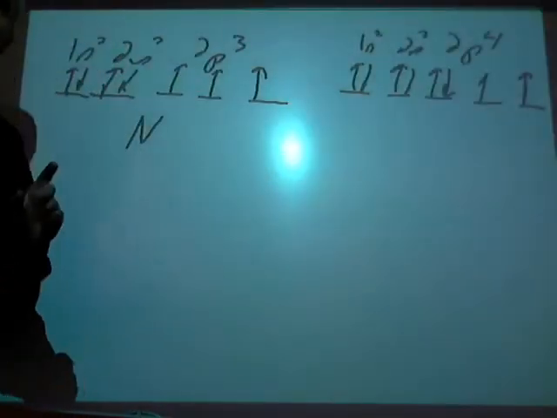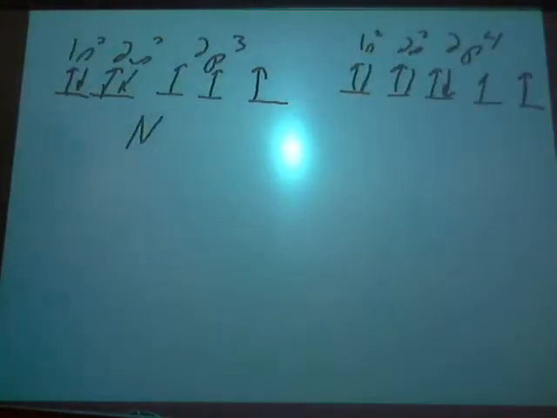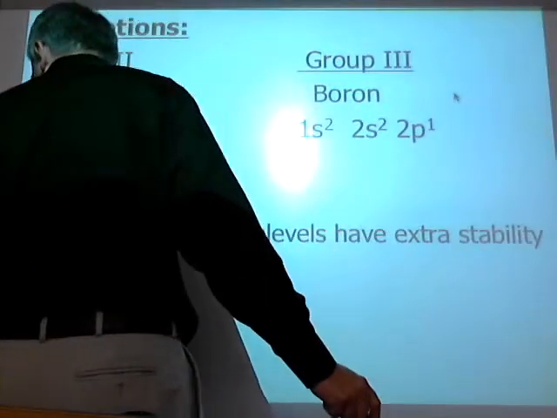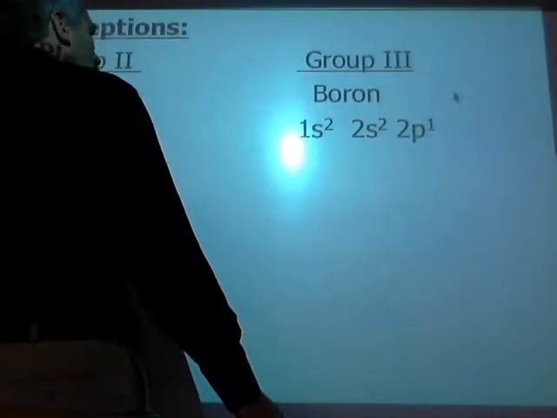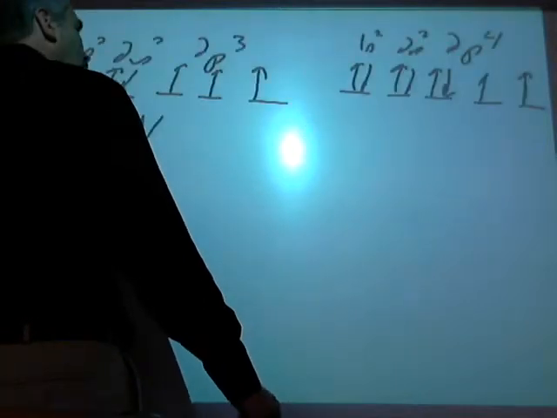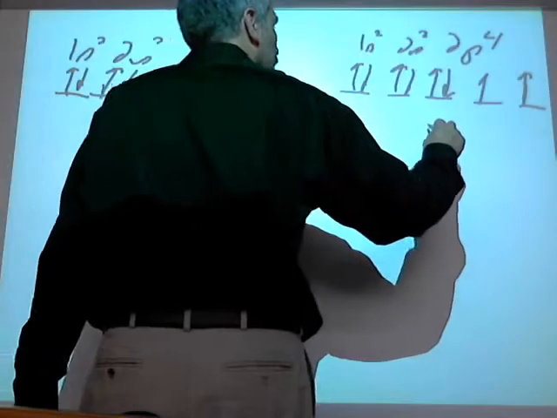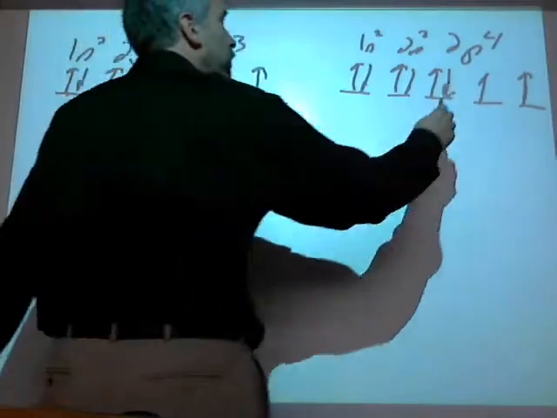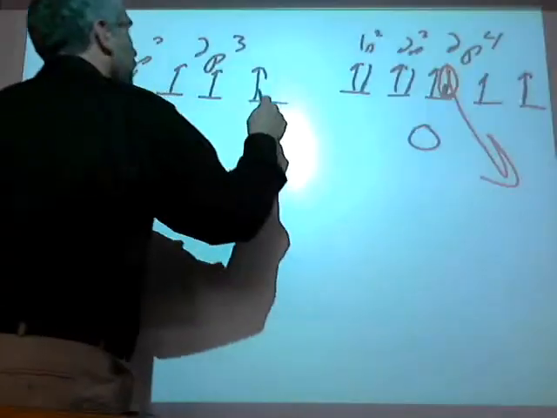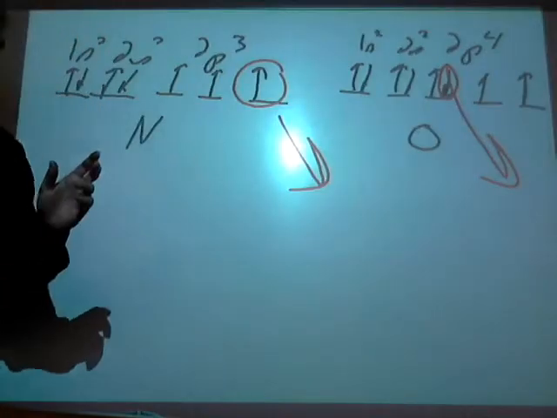Okay, here's the reason why in this case. If I were to ask you this one, and that's oxygen right here, why is it easier to remove this electron than this one? Okay, well the reason is this.